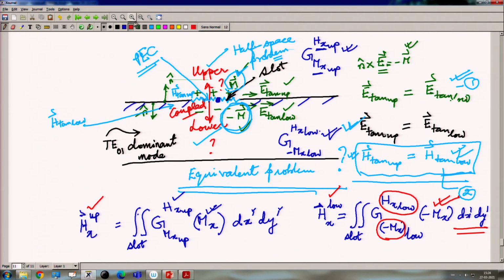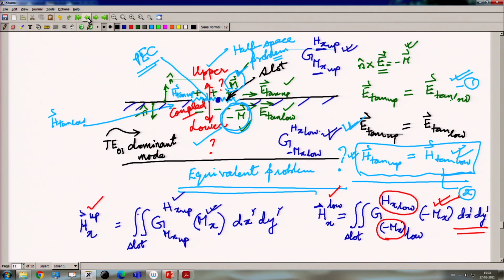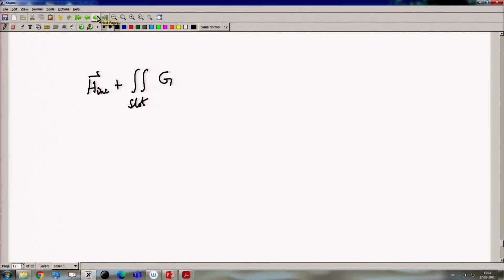So, for that we write down the integral equation, which is H incident plus, over the slot, G, we have minus Mx low, Hx low, times minus Mx times dx prime dy prime.